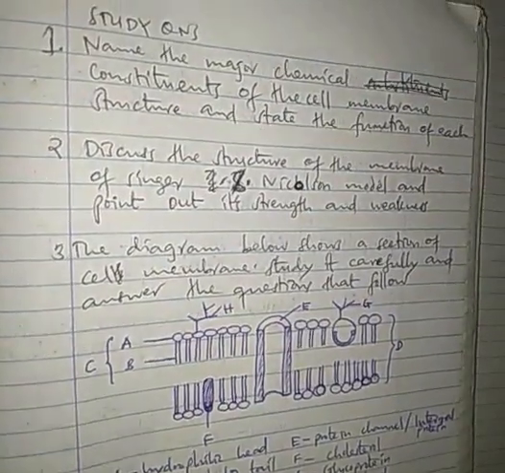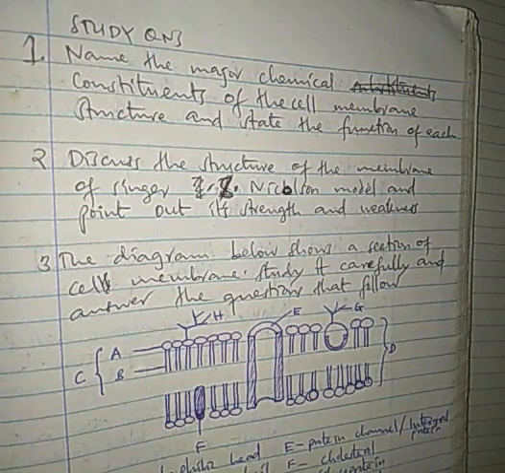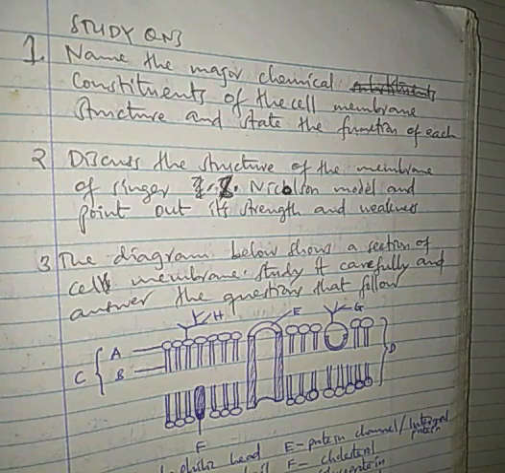Now here are some questions you can use to measure how much we have understood. The first: name the major chemical constituents of the cell membrane, and state the function of each.